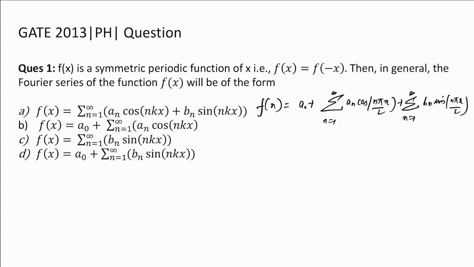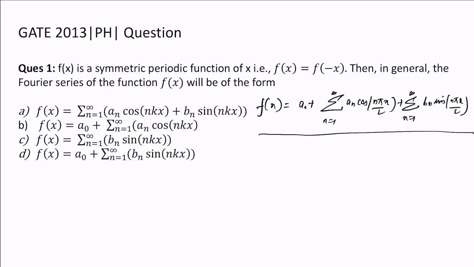So any periodic function f(x) can be written in this form, which is called Fourier series expansion. Any periodic signal can be represented as a summation of sines and cosines. So this is a mathematical representation in terms of Fourier series expansion.